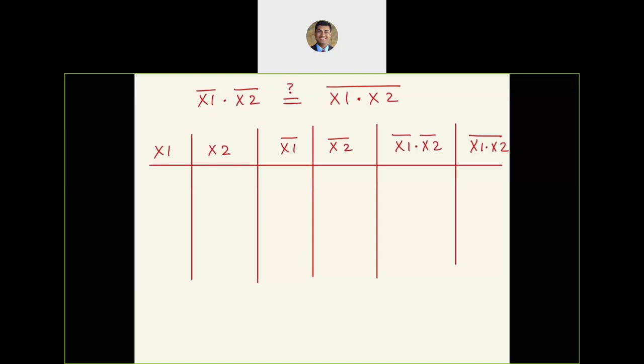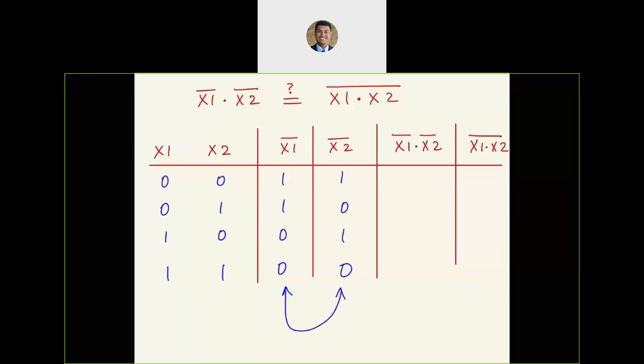The inputs are 0, 1, 0, 1, and then two zeros, two ones. So those are my four possibilities. X1 complement is going to simply be 1, 1, 0, 0. X2 complement, or not x2, is going to be 1, 0, 1, 0. I need to AND these two next. Both are 1. Good. Bad, bad, and bad.